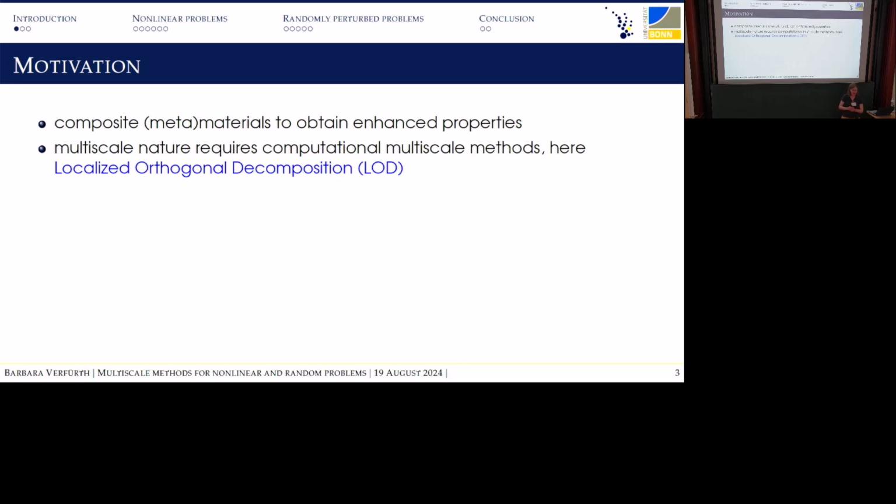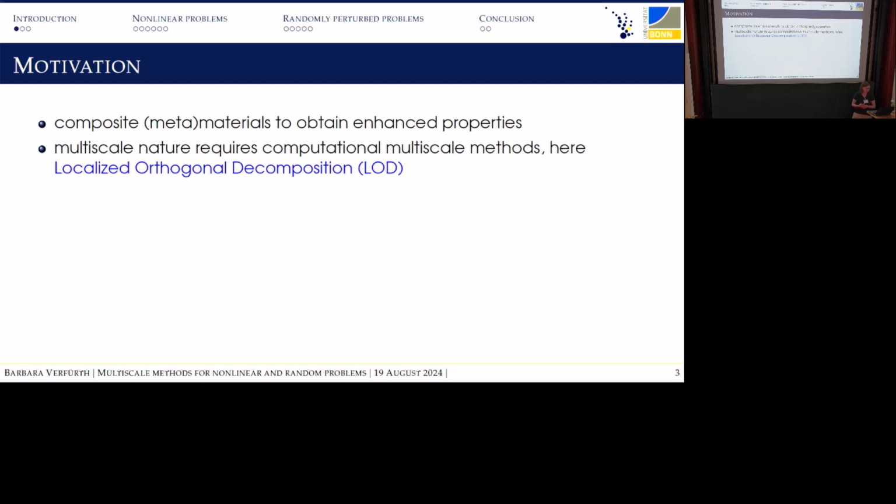We've already also seen the list, and I don't want to deny it, of various available computational multiscale methods that are around. In this talk, I want to focus on the localized orthogonal decomposition method. I will briefly introduce this method in a minute.